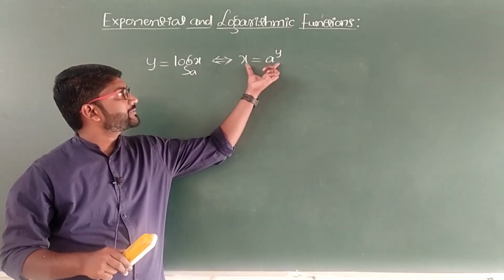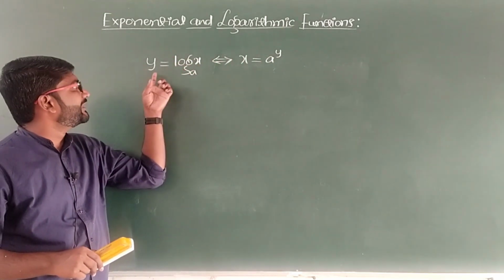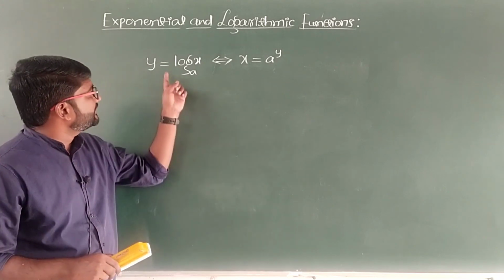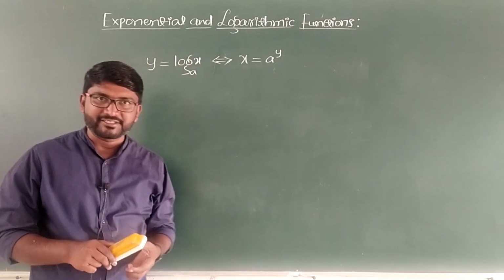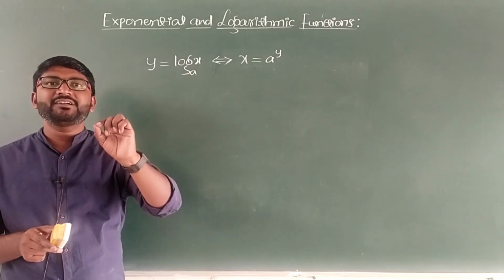So this is the exponential form whose corresponding logarithmic form is this one, y which is equals to log x to the base a. So this is the logarithmic function. So here a is called the base of the logarithm.